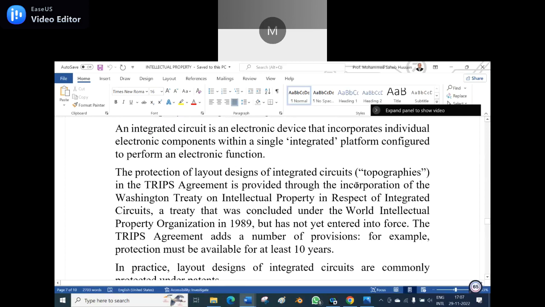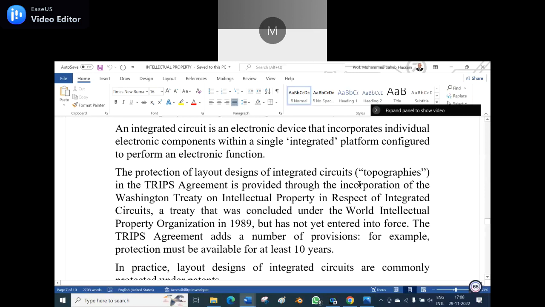The layout design of the integrated circuit, in other words the topographies in the TRIPS agreement, is provided through the incorporation of the Washington Treaty on Intellectual Property in respect of Integrated Circuits. According to the treaty, one should prepare the integrated circuit in a particular fashion, without deviation, and it should be used for peaceful purposes.